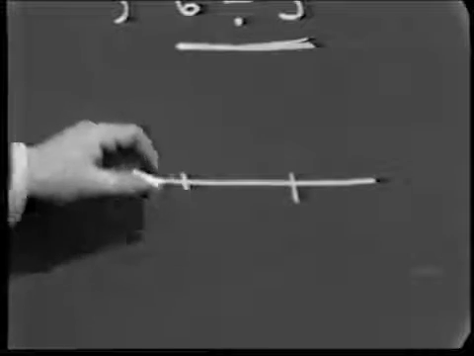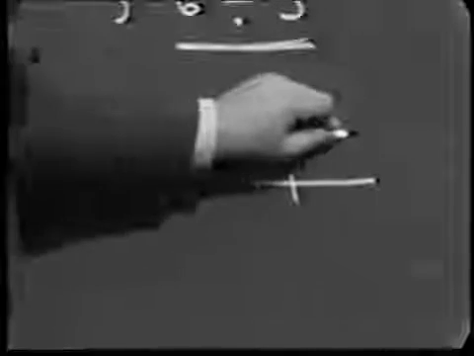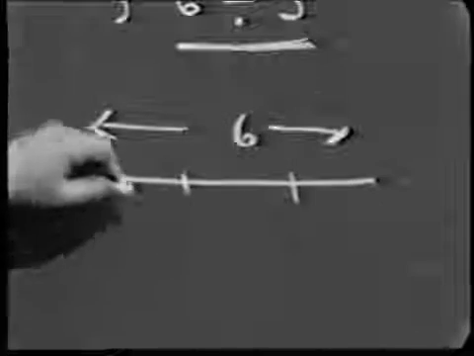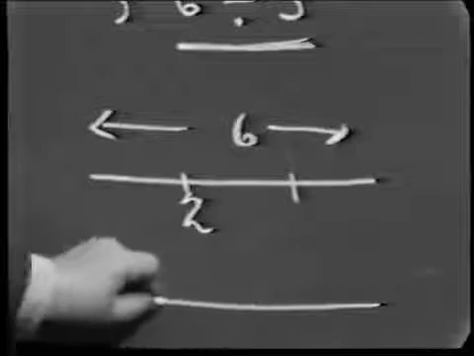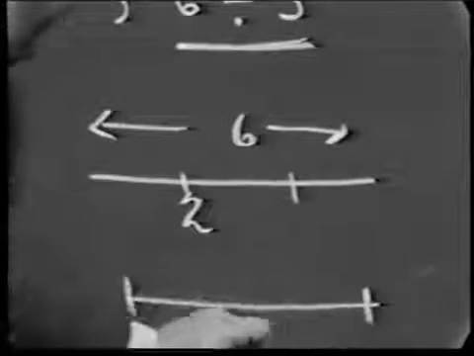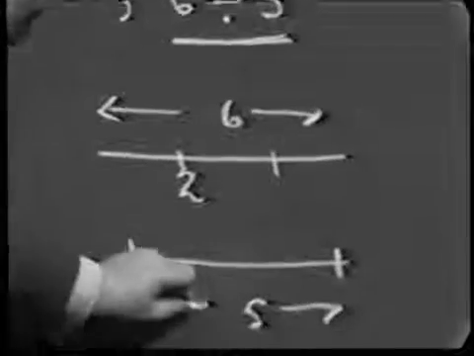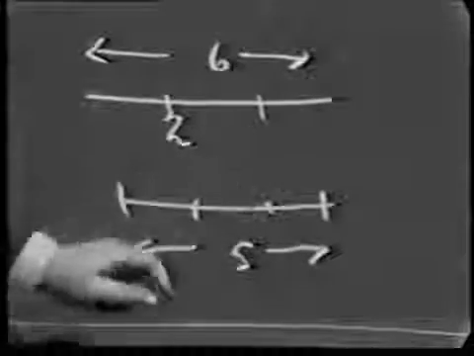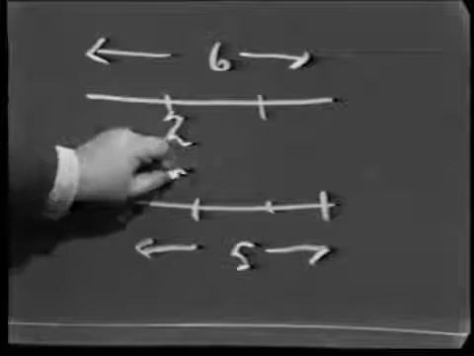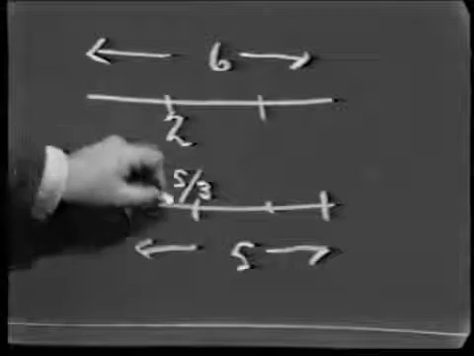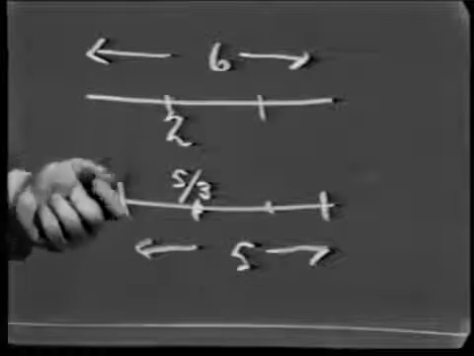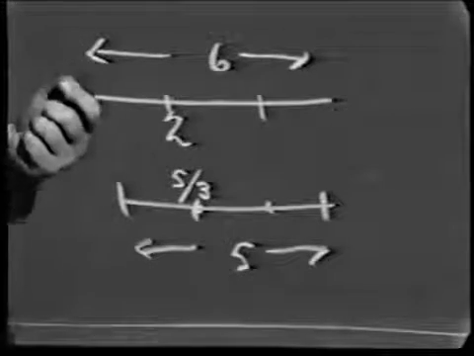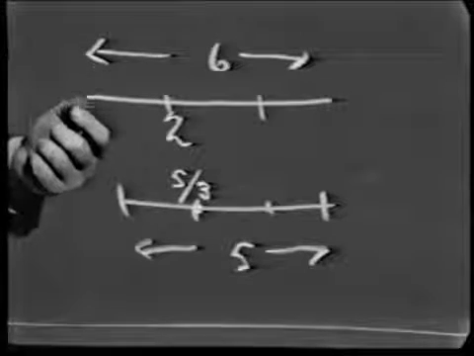To be sure, if this line happens to be 6 units long, this point is named 2. And if, on the other hand, the line happens to be only 5 inches long, the resulting point is named 5/3. But notice that in either case, I can, in a very natural way, define or identify either ratio as a point on the line.